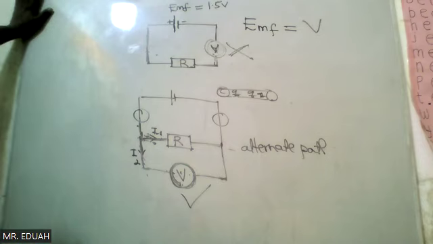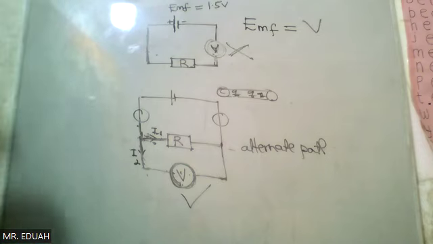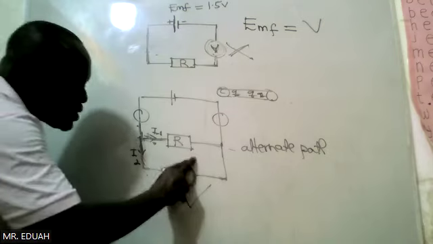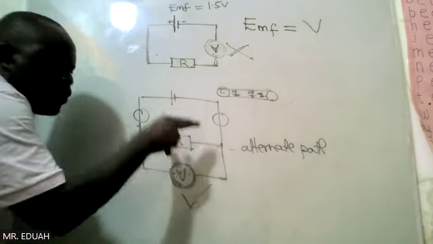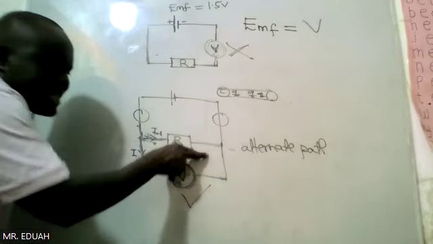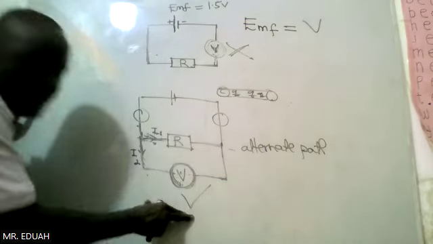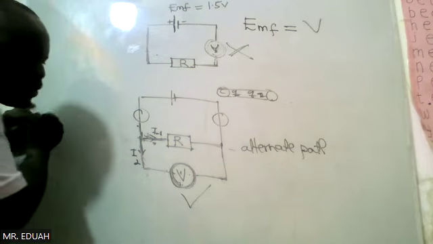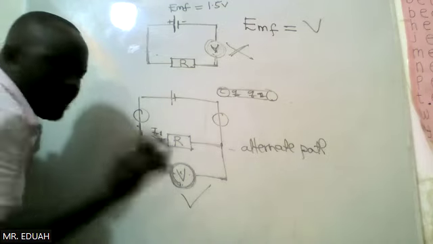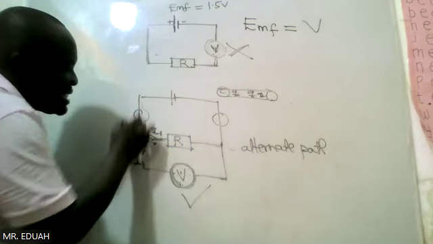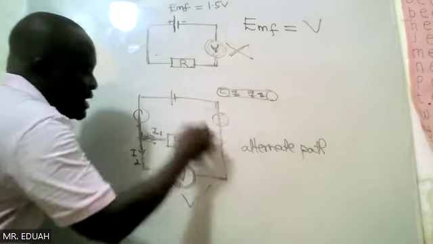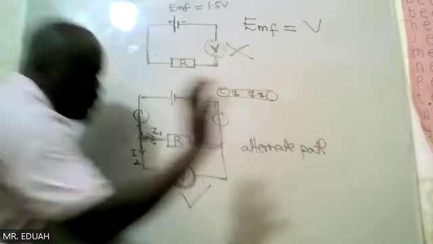Listen to it. When you want to use a voltmeter to determine the potential difference, we say connect it across, in parallel. You've realized that when it is directly within this circuit, anywhere here, current will not go.